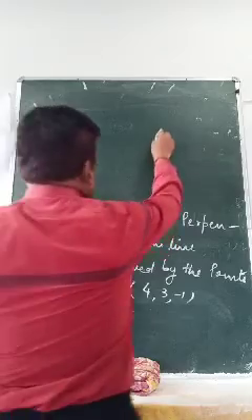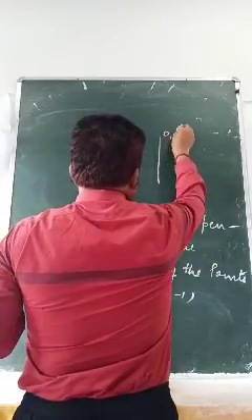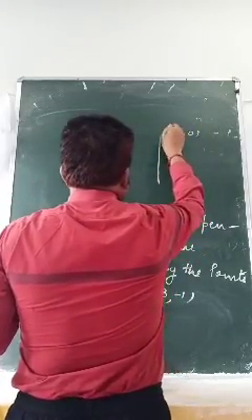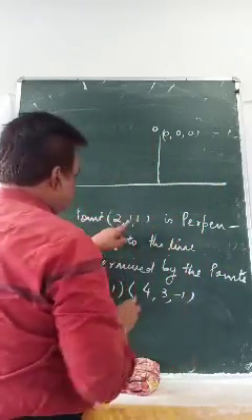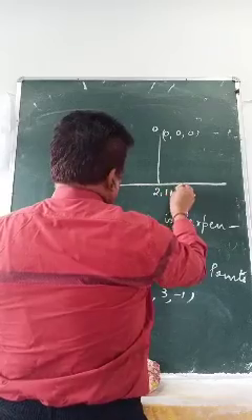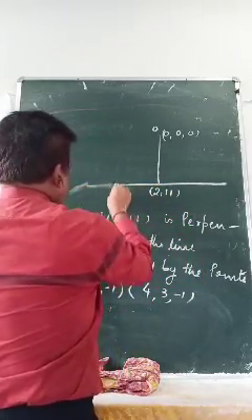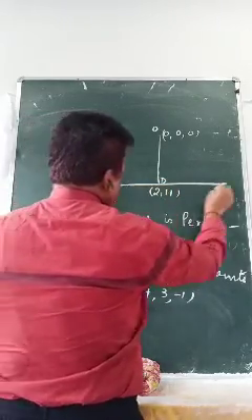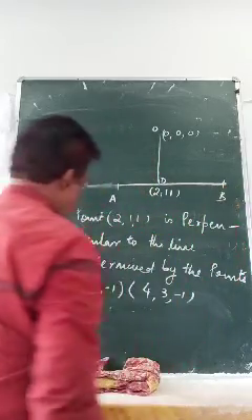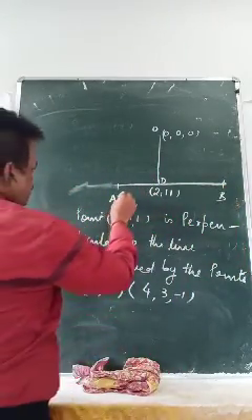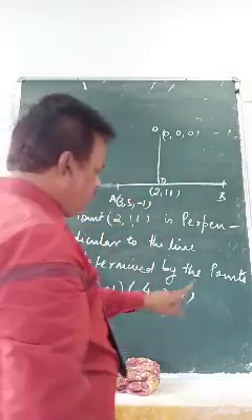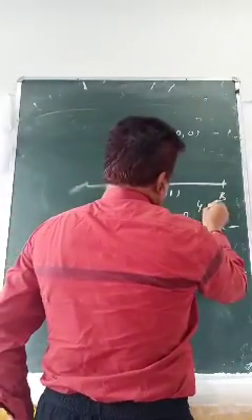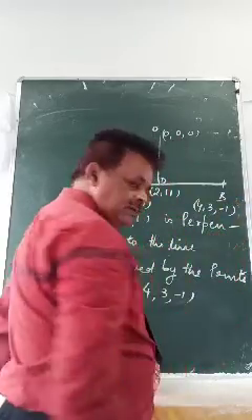Origin, suppose this is origin (0, 0, 0). This is suppose O. Point is (2, 1, 1), this is the point A. Suppose this is B, (3, 5, -1) and (4, 3, -1).